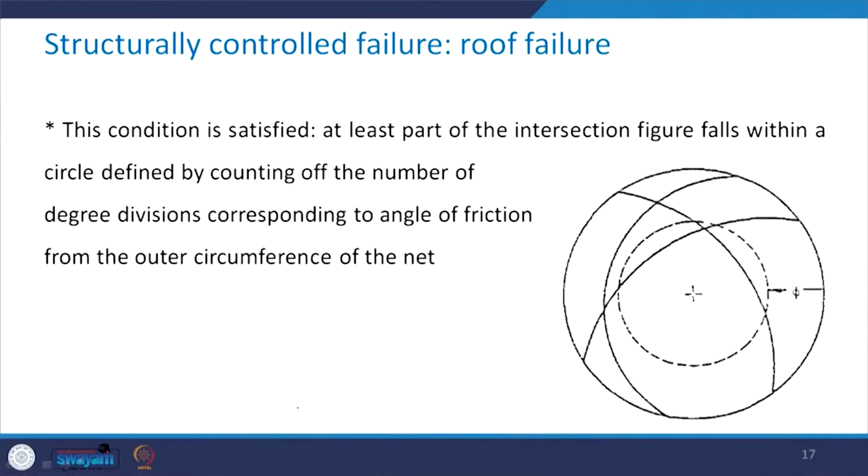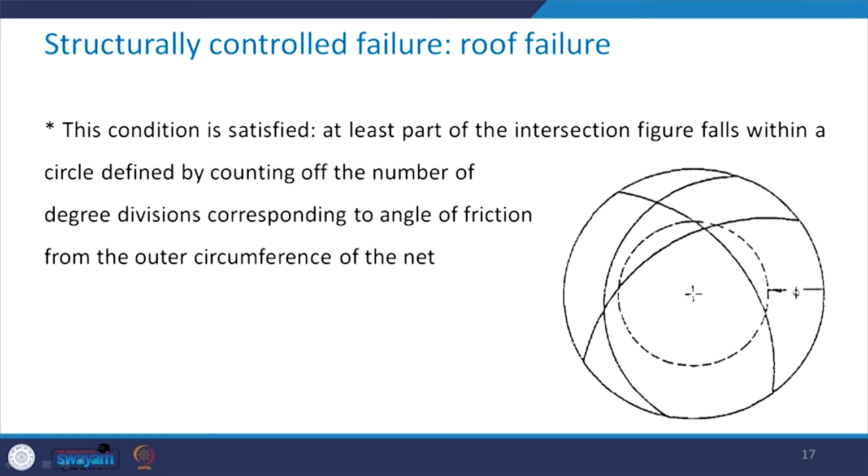See, this condition is satisfied when at least part of the intersection figure falls within a circle which is defined by counting the number of degree divisions corresponding to the angle of friction from the outer circumference of the net. Please try to understand this here.